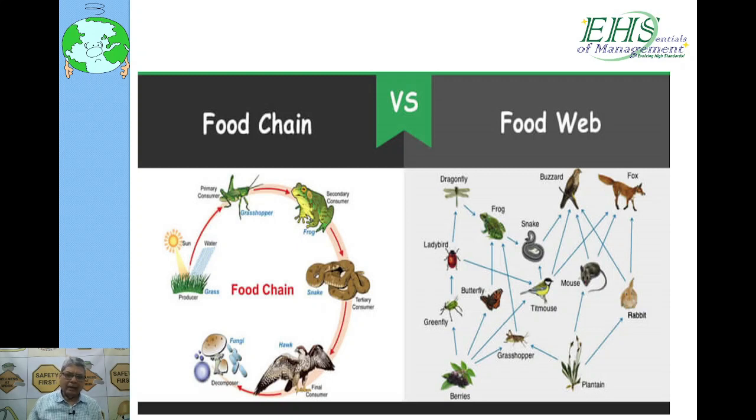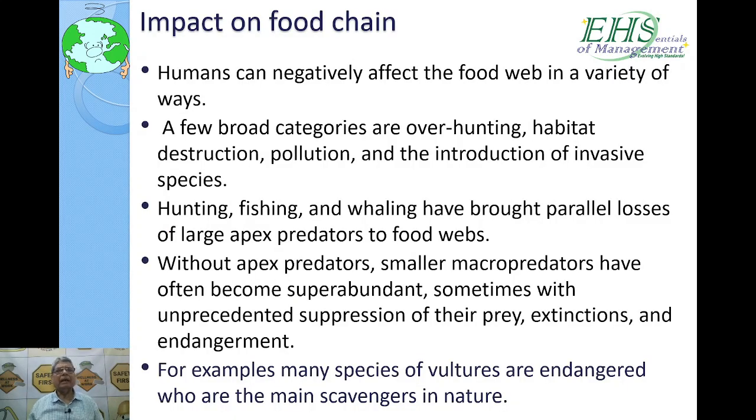At the same time, the snake eats the small bird, and that small bird is eaten by the fox. So you will find there is no presence of only single food chains; there are n number of food chains which are interrelated and overlapping.